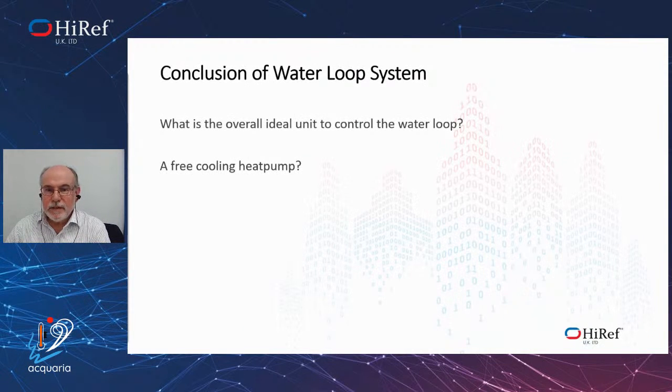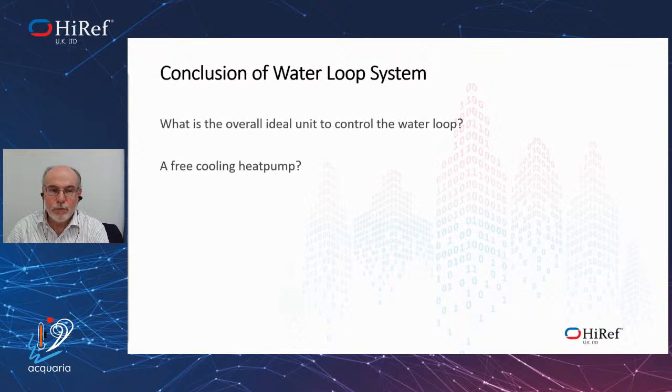So is there an ideal unit to control the water loop now, or in the future? Well, you could say a free cooling heat pump, whatever that is. It's a Tricooler with heating and cooling, or a multi-system with free cooling. There is not one to fit all.